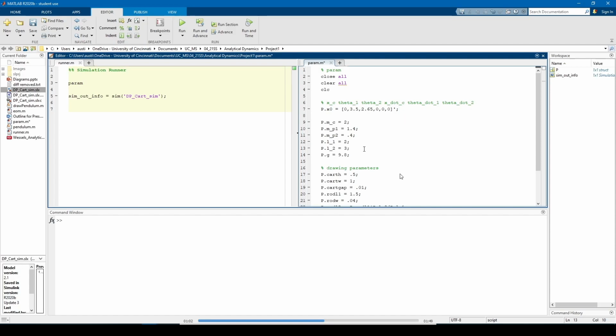So that means our first pendulum will be past vertical. So if this is our cart, the pendulum will go up and to the left, and the second pendulum does not quite make it past vertical, so it's going to be pointed to the right a little bit. And we added mass to the first pendulum, and we made our second pendulum a little bit longer. So now let's see what that simulation looks like.